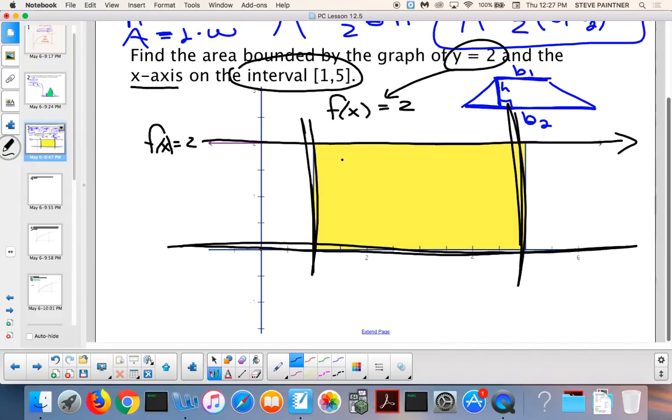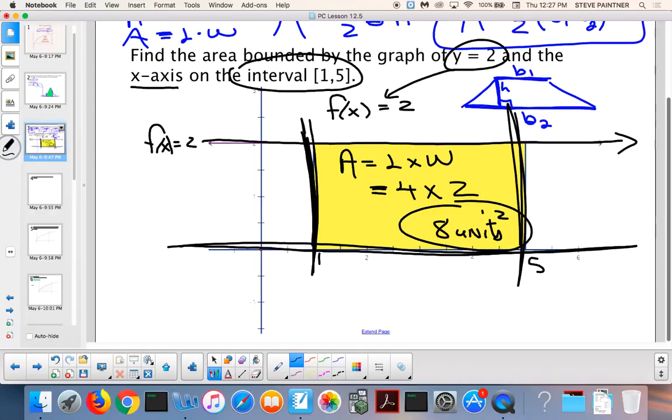Area is going to be length times width. What do you say for your length? It starts at 1, goes to 5, so the length is 4, times the width. The width is 2. So it's 8 square units.